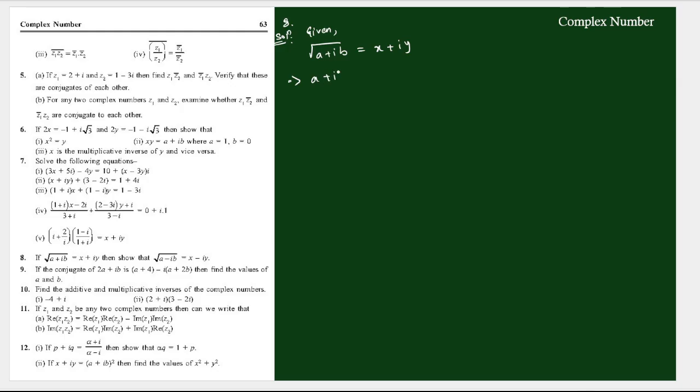a plus ib, so this is x plus iy whole square. a plus ib equal to x square plus 2xyi plus i square y square. a plus ib equal to x square, i square is how much? Minus, plus 2xyi. तो compare करो अभी.